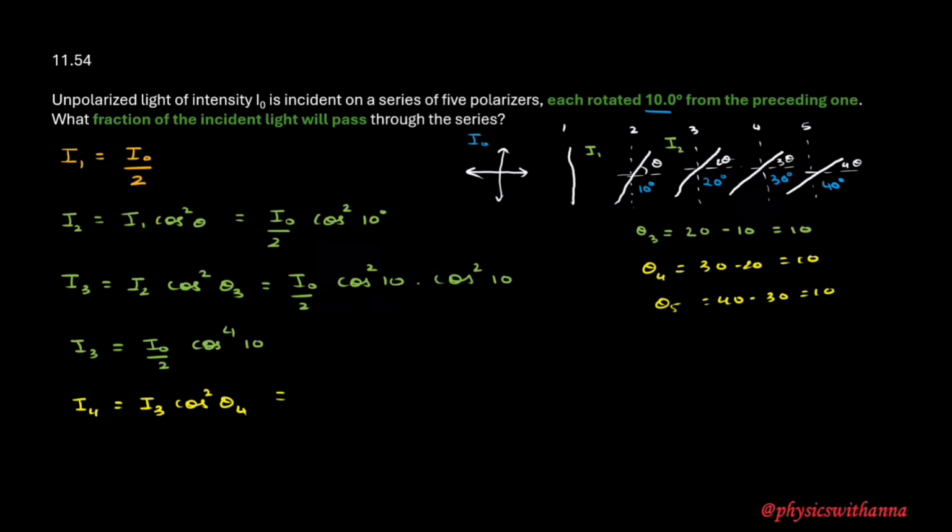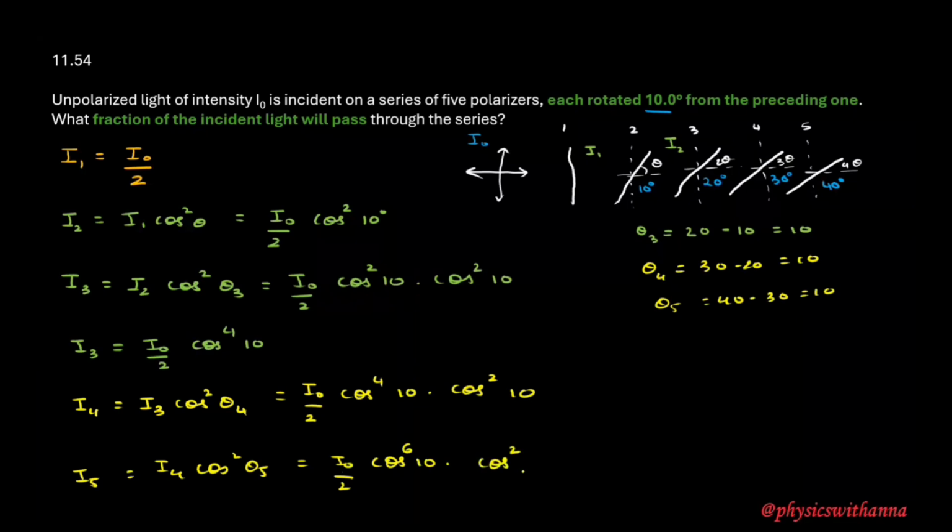I4 will be I3, which is I naught by 2 cosine to the power 4, 10 into cosine squared 10. And I5 will be I4 cosine squared theta 5, which is I naught by 2 cosine to the power 6, 10 into cosine squared 10. That gives you I naught by 2 cosine to the power 8, 10.